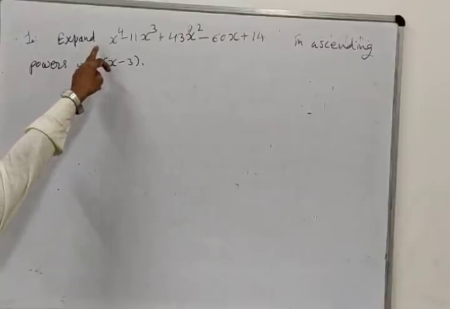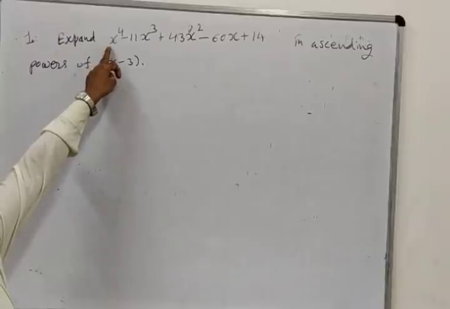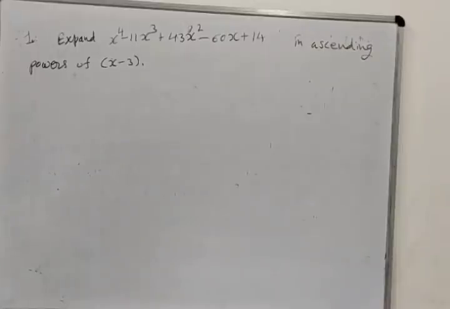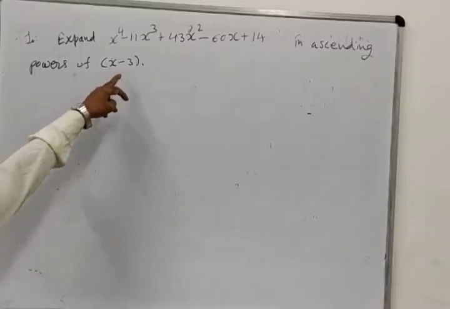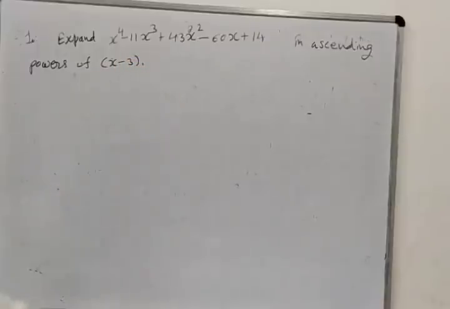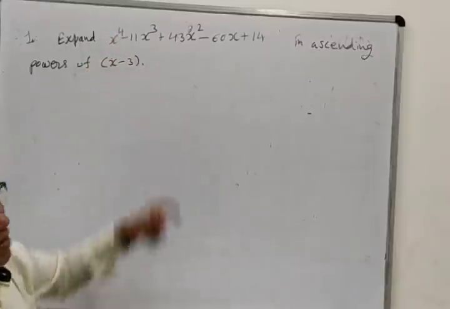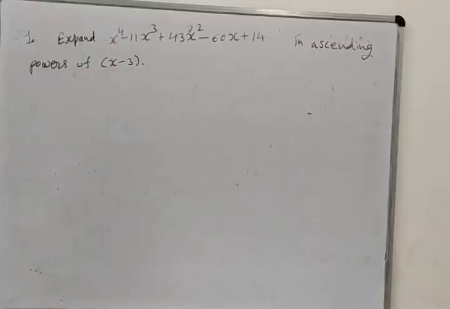So first you write down the Taylor series formula, then you assume this equal to f of x. That means f of x equal to x raised to 4 minus 11x cube plus 43x square minus 60x plus 14. Then find its derivatives and put a equal to 3, that means x equal to 3. You will find the values, and the highest power is x raised to 4 because it is a polynomial, so up to the 4th derivative you will get the values.